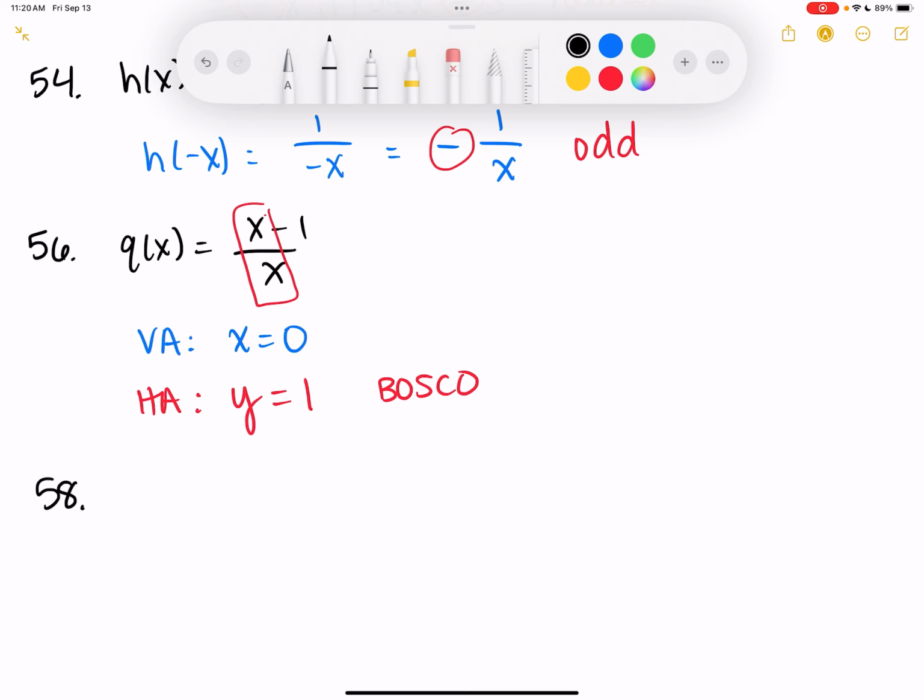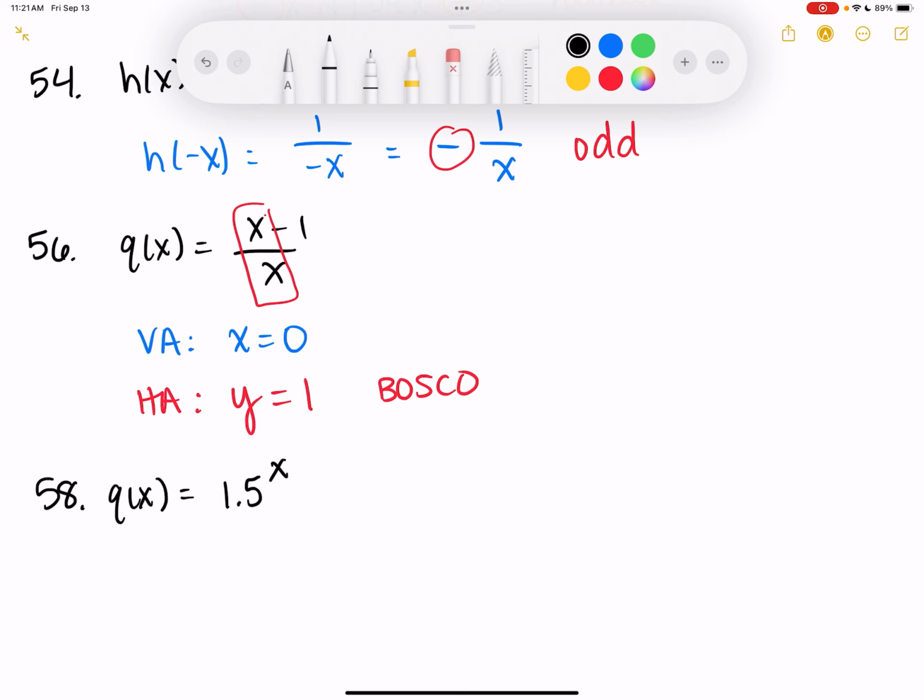Number 58, q of x equals 1.5 raised to the x. Now, are there any problems with the x values in this function?